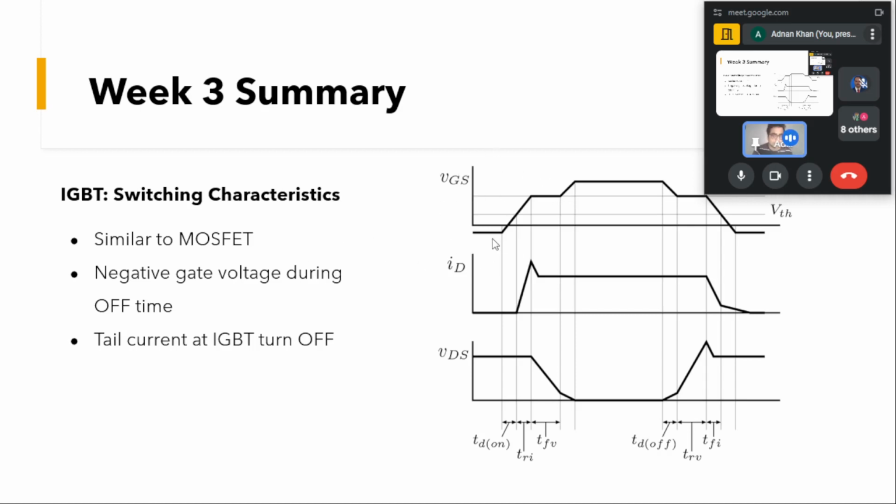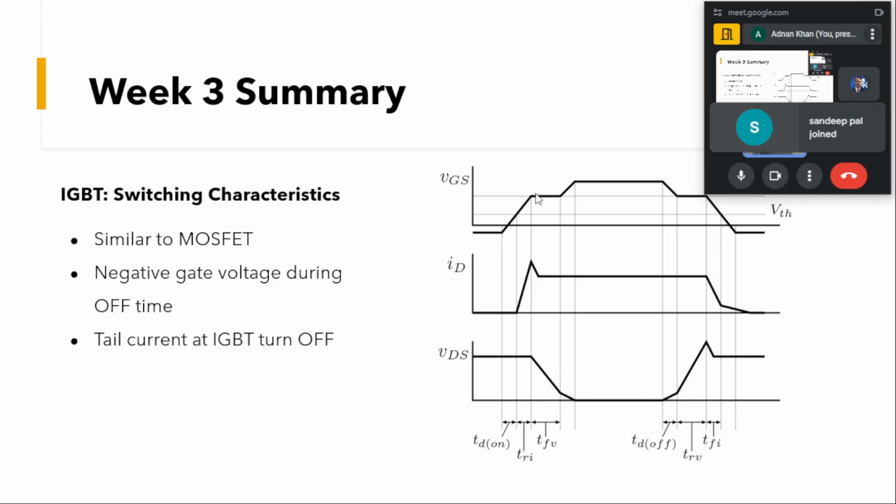Before this device is turned on, a negative voltage has been applied to the device. When we want to turn it on, in the IGBT we apply the VGE voltage.